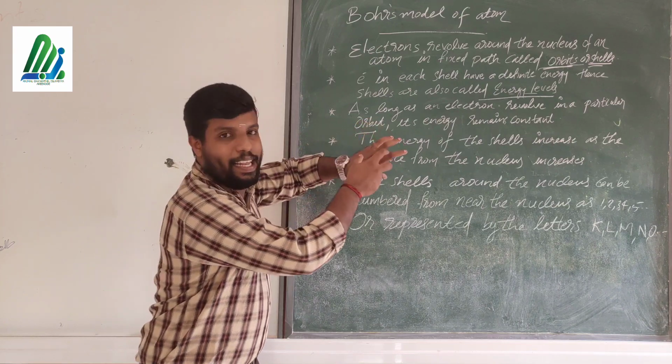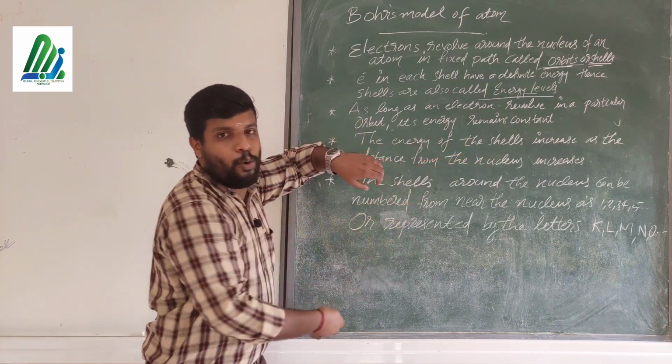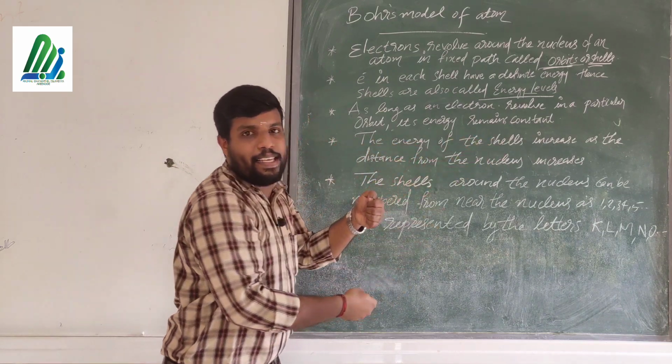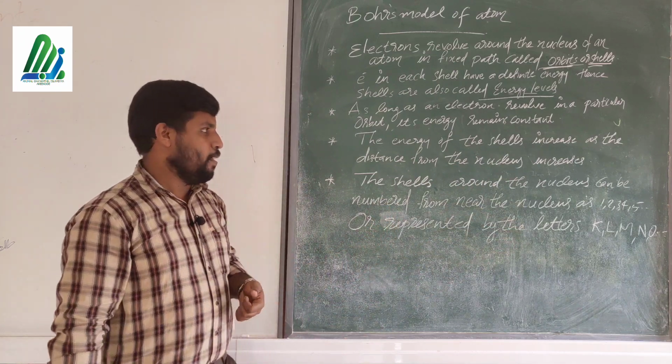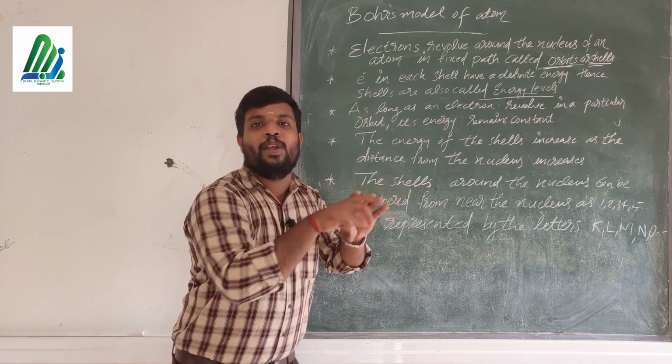So at the center there is a nucleus, then the shells are apart from the nucleus. As the distance from the center to the shells increases, the energy of the shells also increases. So the least energy is for the shell that is nearest to the nucleus.